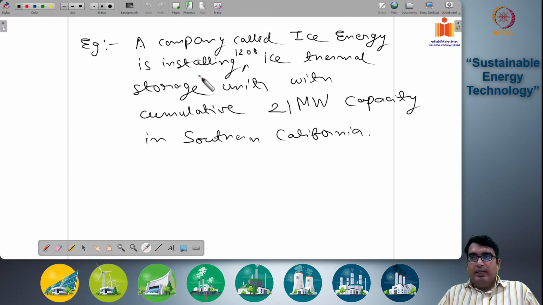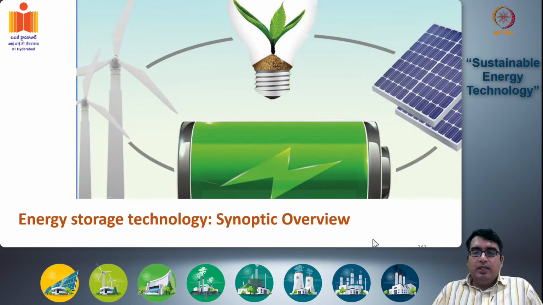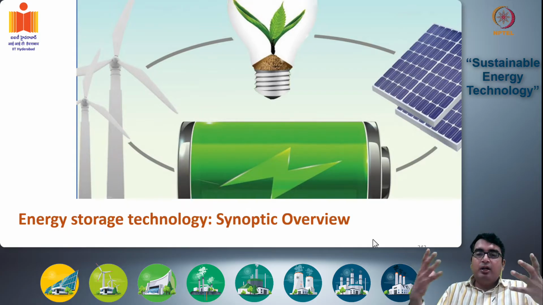So now in this class and probably going to the next class, we will look at all of these technologies together and how they are used in creating a modern grid with large renewable energy penetration. So here we will look into a synoptic or an overall view of the energy storage technologies that we have looked at and how they are used in a modern grid in today's world.